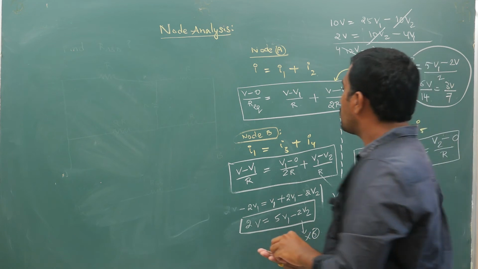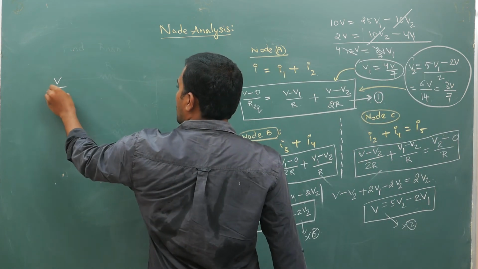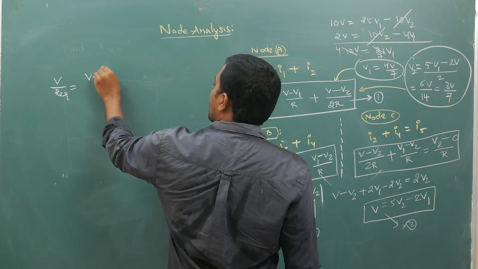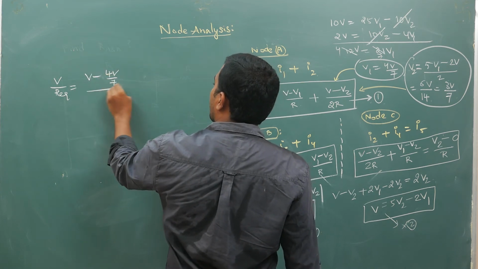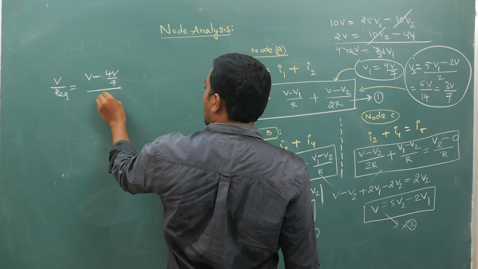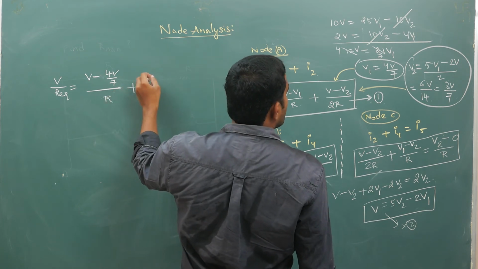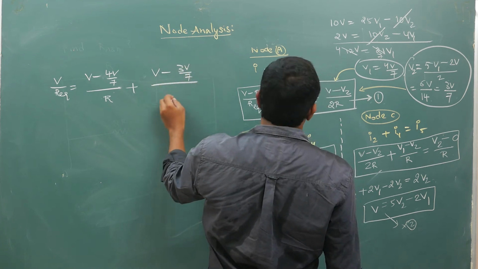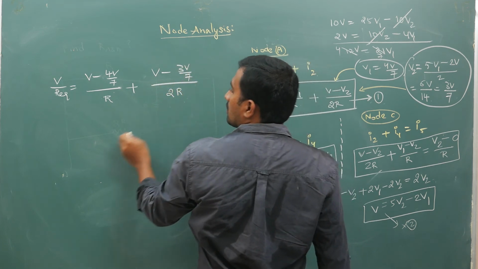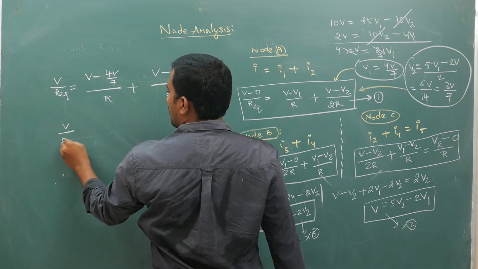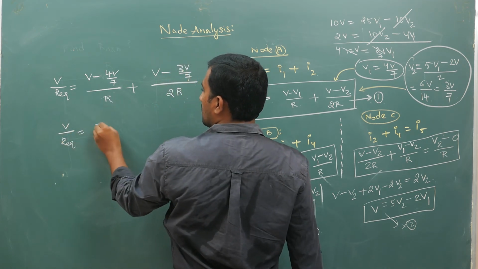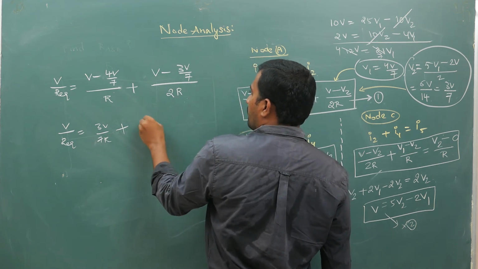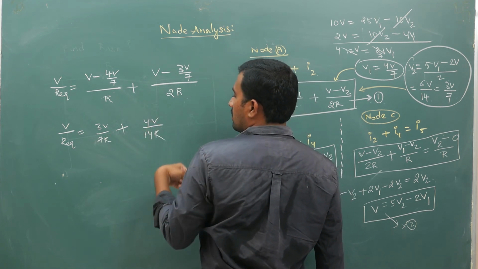So if I substitute in this, V by R equivalent is equal to V minus 4V by 7 whole divided by R plus V minus V2, that is 3V by 7 whole divided by 2R. So V by R equivalent is 7 minus 3, 3V by 7R plus 7 minus 3, 4V by 14R.